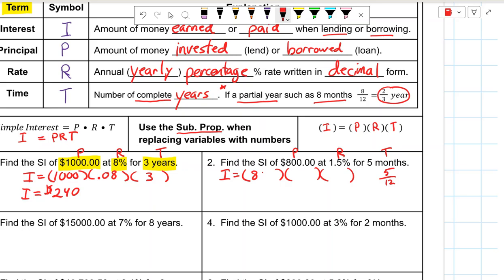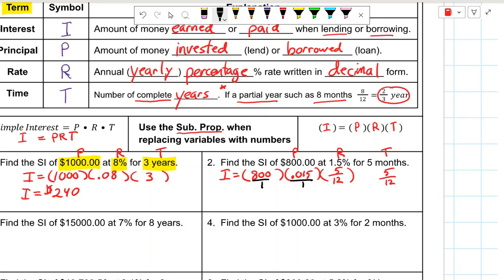Our principal here is $800. Our rate is a percent, so we need to divide it by 100, and we get 15 thousandths. In 5 months, we'll list it as a fraction, 5/12. Now we have a fraction involved, so we're going to make all the other ones fractions just to make it simple.